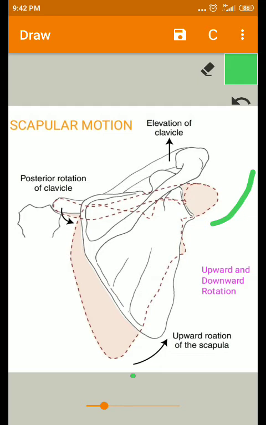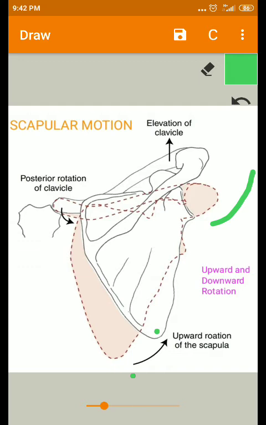So upward rotation of the scapula on the thorax is the principal motion of the scapula, which is observed during active elevation of the arm and plays a very significant role in increasing the arm's range of elevation, that is overhead elevation.